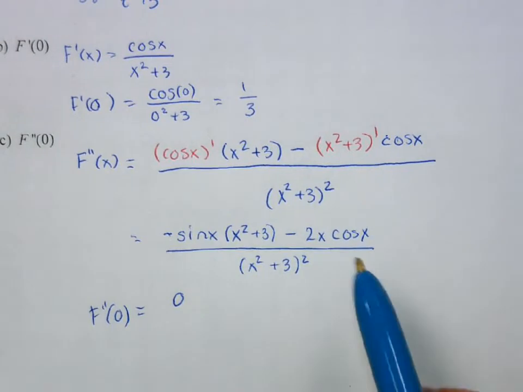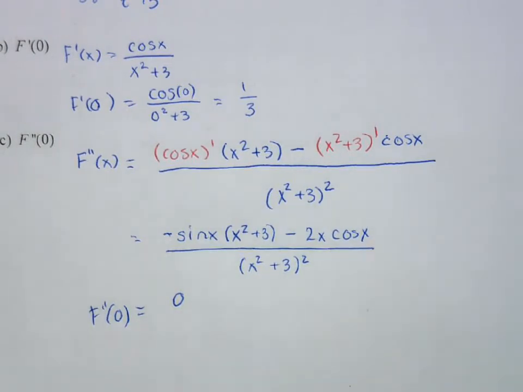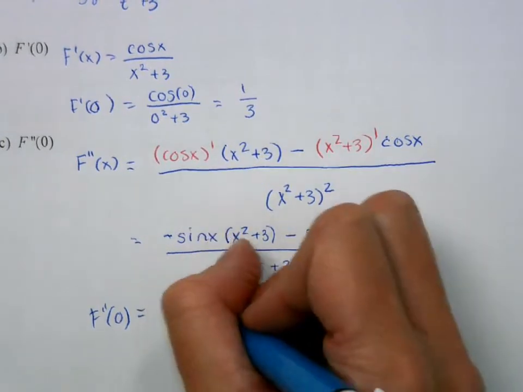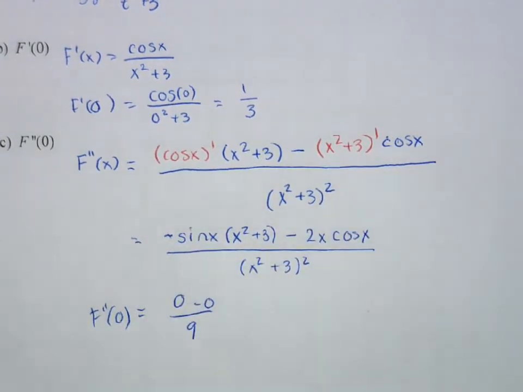And then 2 times 0 is 0 over 9. Which is just 0. So that is the first part of the fundamental theorem of calculus and some properties that we can use.